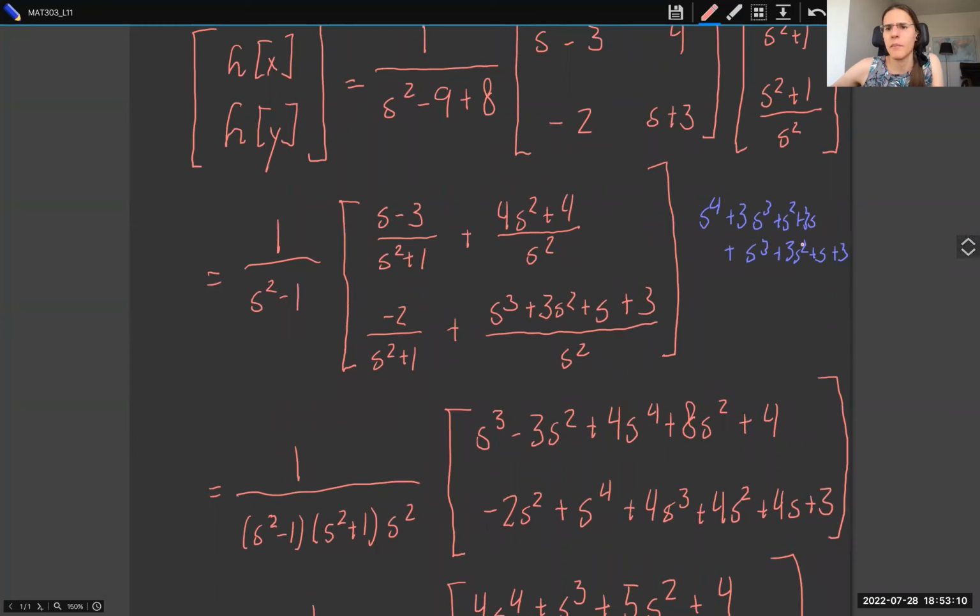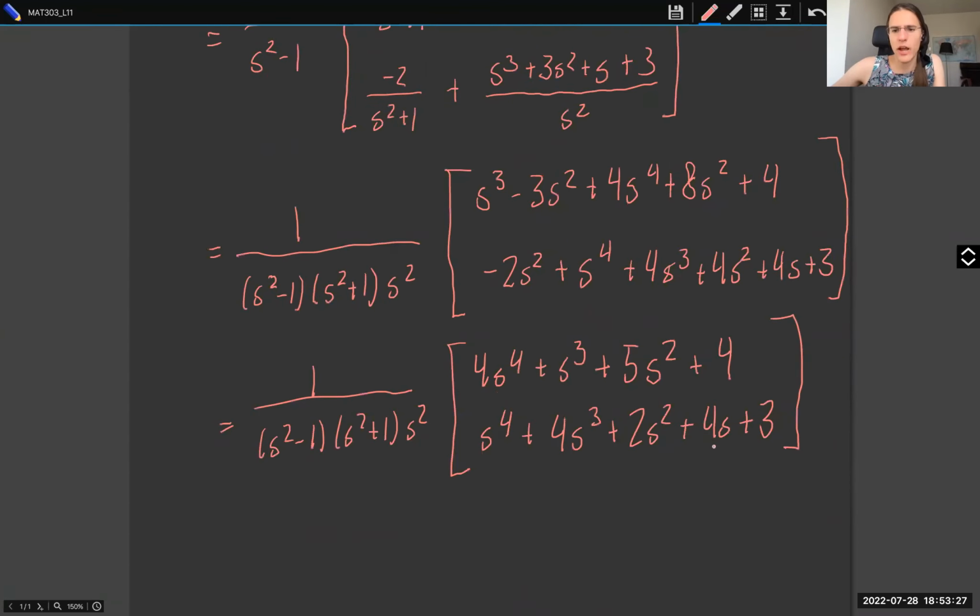So my notes don't have a 4 coefficient here.